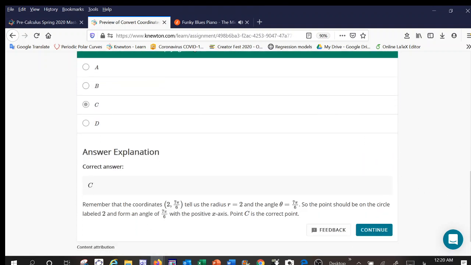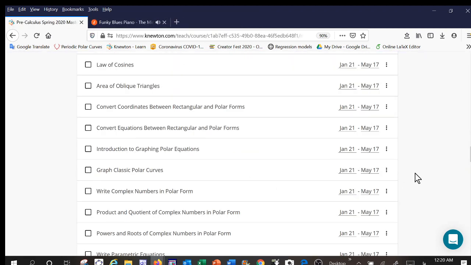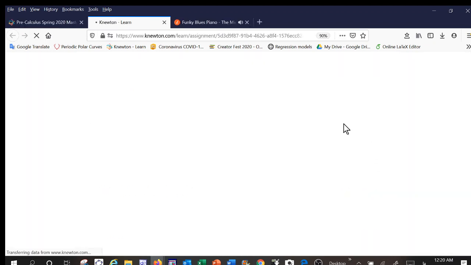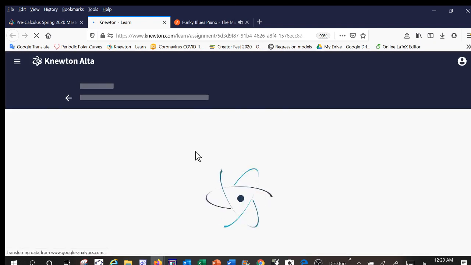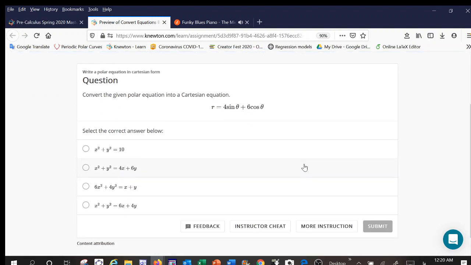All right. So that's how you do this section. What is the other one? Well, conversion between rectangular and polar form equations. And I did a few of these for you. These should be very similar. So here is one to convert to Cartesian coordinates, okay?